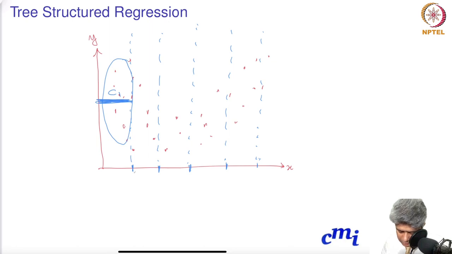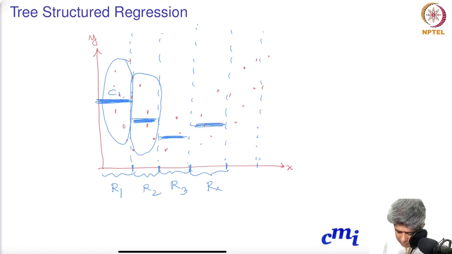This partition is R1 and this is C1. This is R2. In R2, these are the points, and what is the average of y for these points? This is my R2 value. This is my R3. In R4, this is the step. And then R5, this is the value.